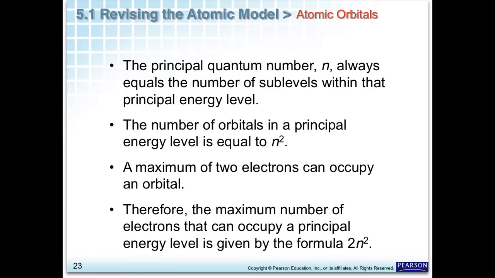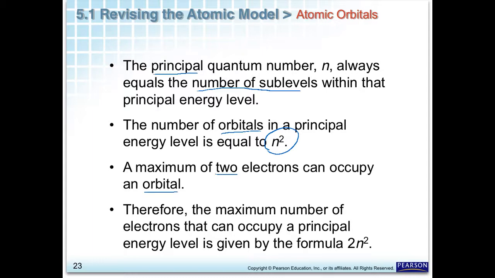As you may have figured out from that chart, the principal quantum number, or the main energy level, always equals the number of sublevels that it contains. And the number of orbitals is equal to the energy level squared. The total number of electrons that any orbital can have is 2.